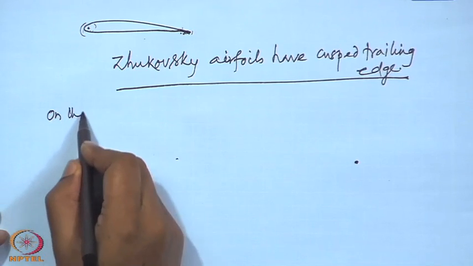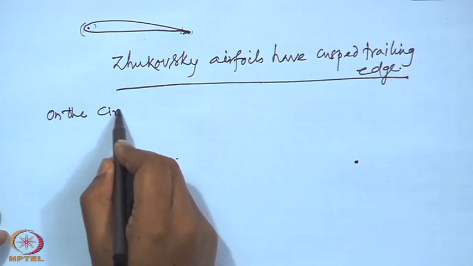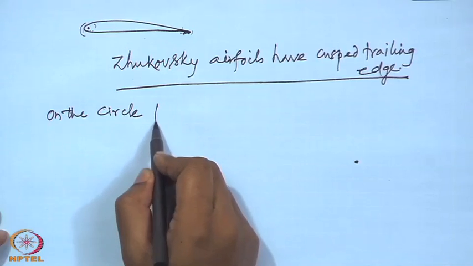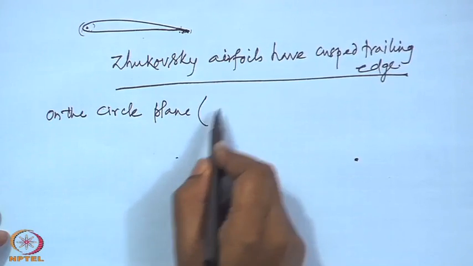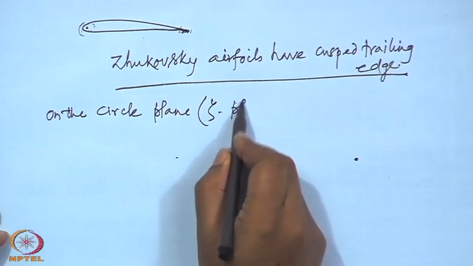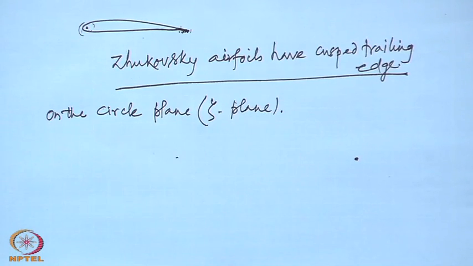On the circle plane, which is the zeta plane, what is the complex potential? Or say the complex velocity.